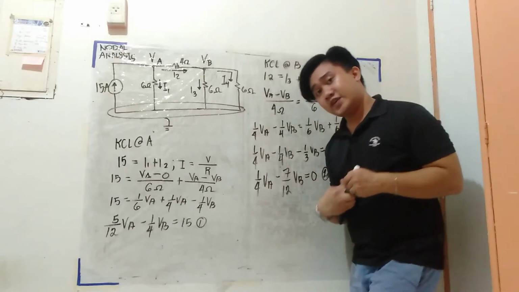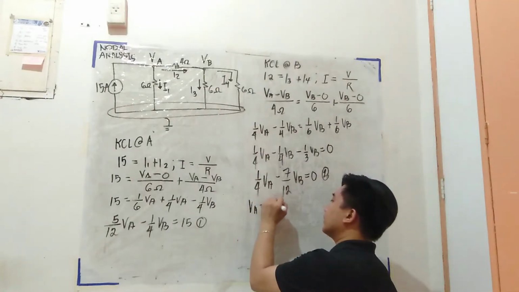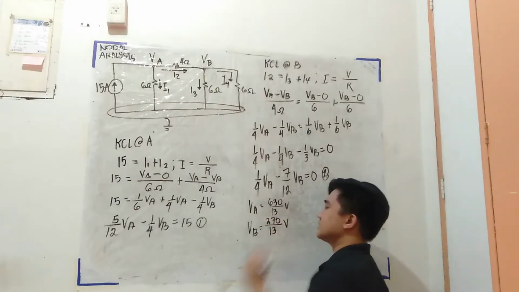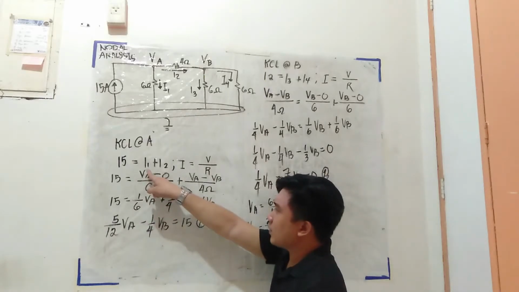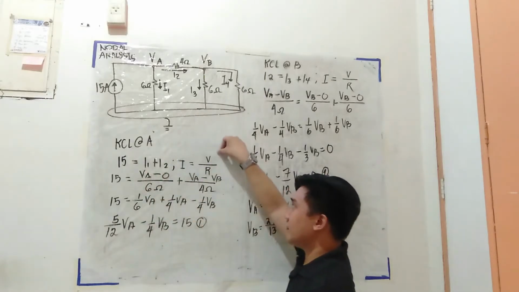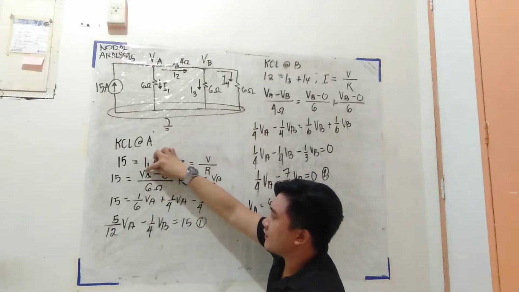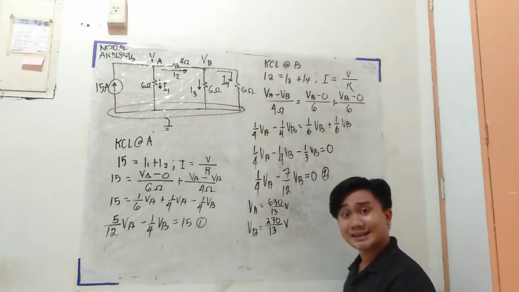So the value of VA is equal to 630 over 13 volts, while the value of VB is equal to 270 over 13 volts. Now, if you want to find the value of I1, di ba si I1 kanina, pinalta natin ang ratio ng V over R. So, kung titingnan mo si I1 pala ay equal sa VA minus 0 divided by 6 ohms. So, gagamitin lang natin yon.